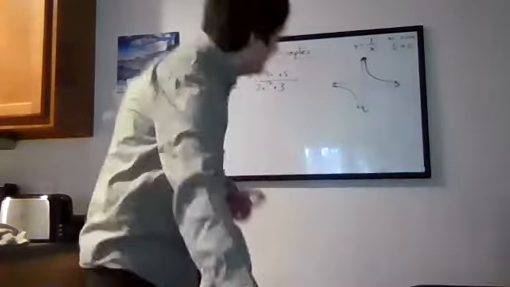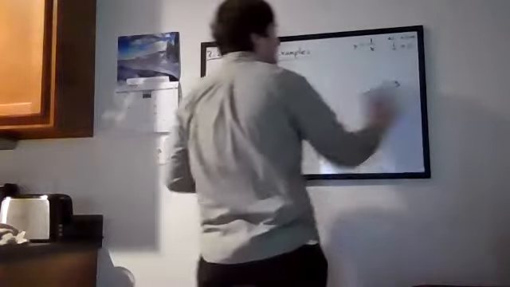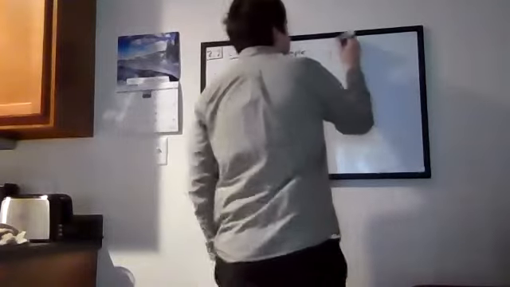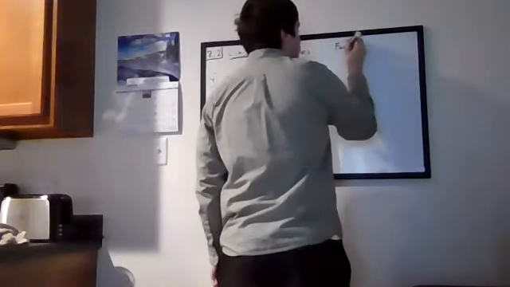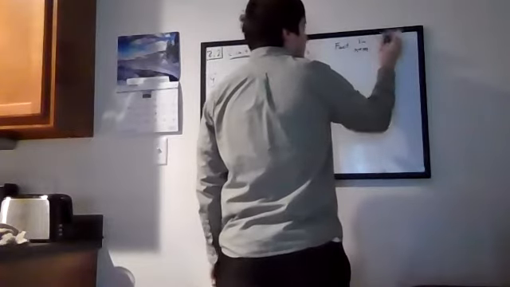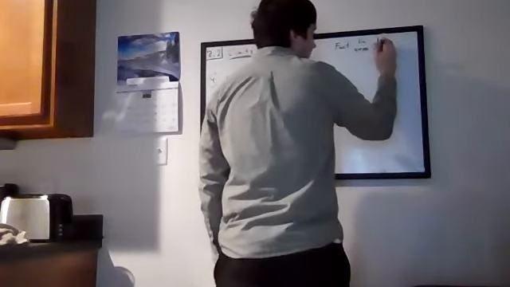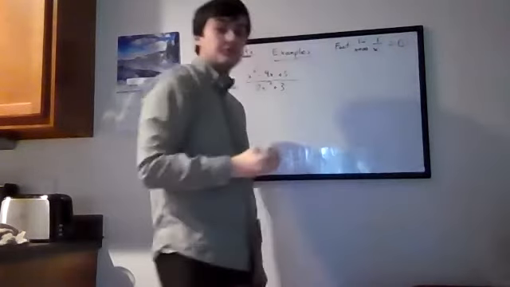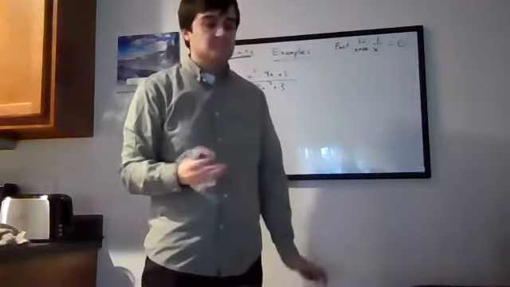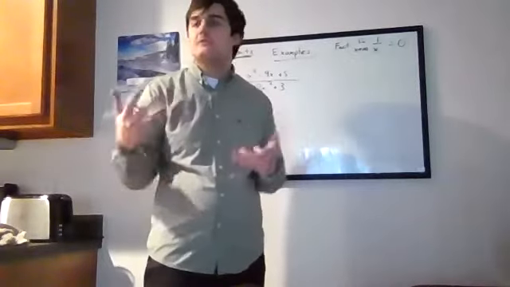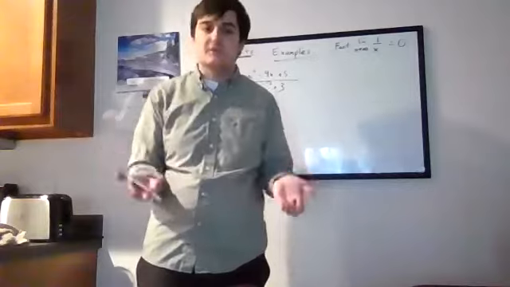So a fact that we have, which I'll write up here, is that the limit as x approaches infinity of 1 over x is 0. And this actually is true for any normal power, 1, 2, 3, 4, 5, 6, which is the normal case we'll experience.